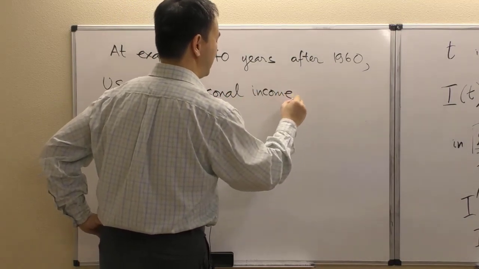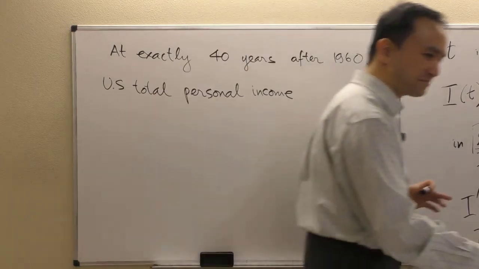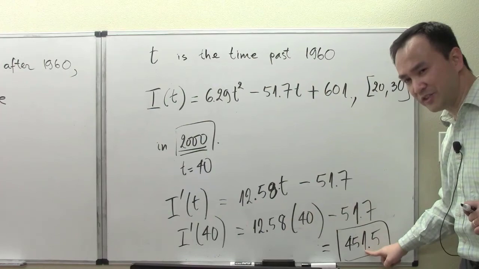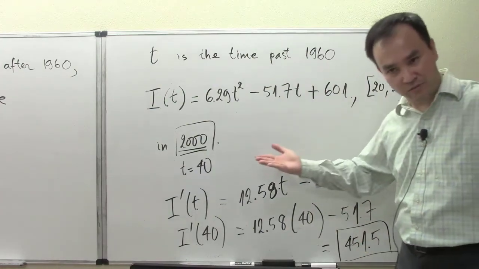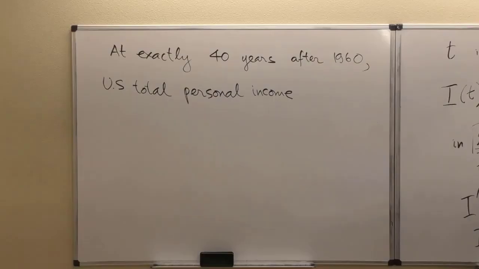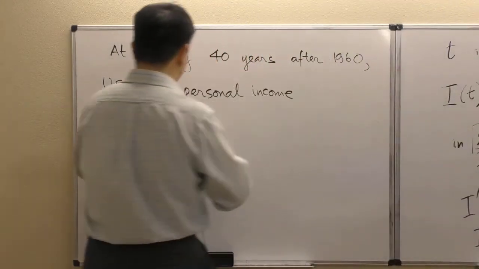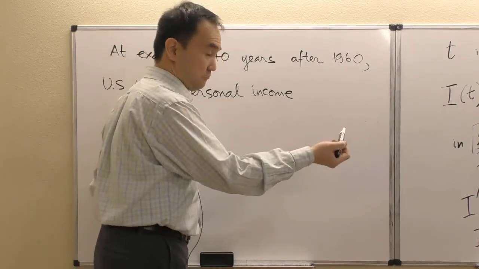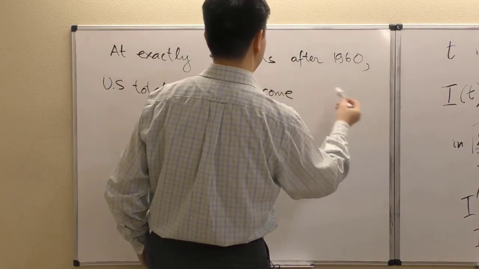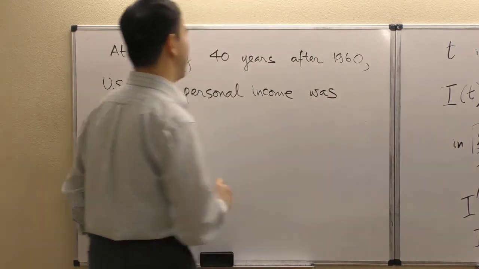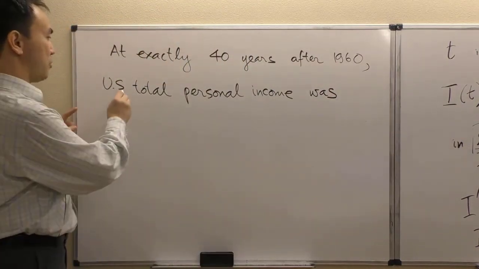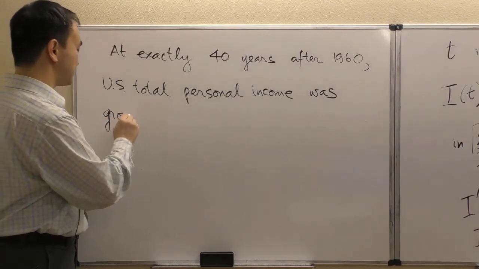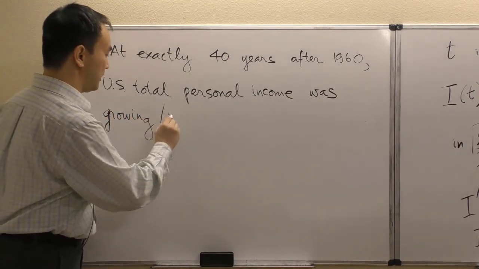And again, looking back at that answer, I have put in a box right here, it was a positive value, okay? And so now it's a rate of change. The meaning is a rate of change. So that means this quantity, our I value, again, it was growing. So at that instance, I have to say that the U.S. total personal income was growing, or formally increasing.